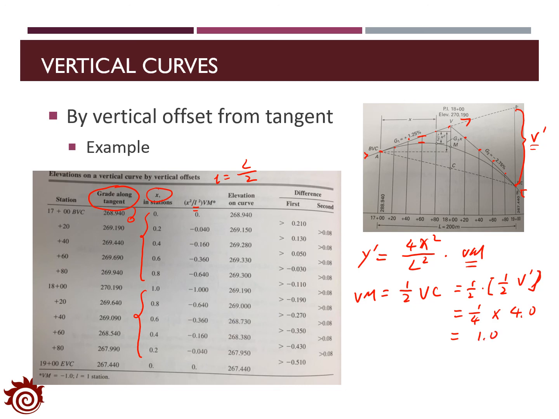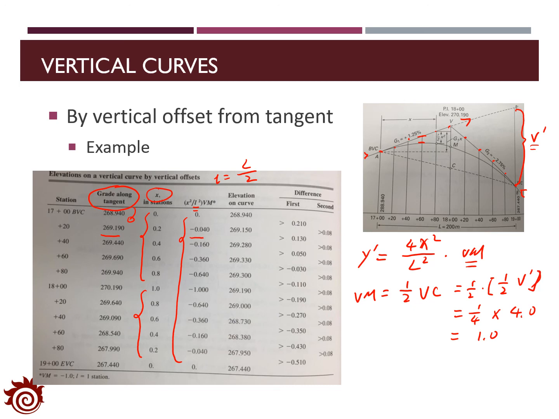With that, we can then calculate the vertical offsets, and the elevation is estimated directly by summing the elevation along the tangent lines and the offset.